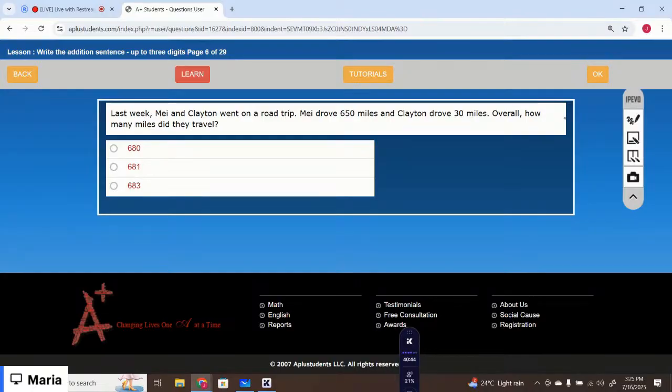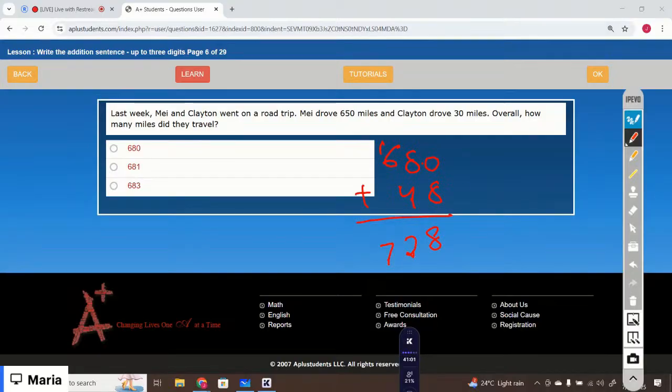Last week, May and Clayton went on a road trip. May drove 650 miles and Clayton drove 30 miles. How many miles did they travel? So, which is the correct option? You need to add 650 plus 30.